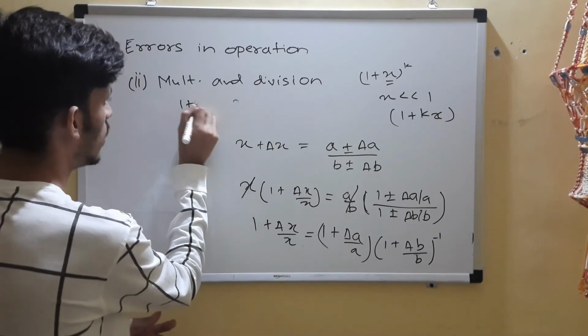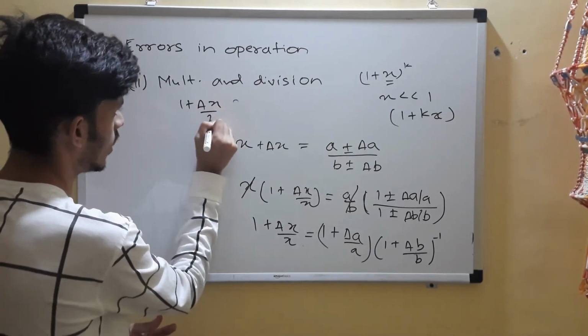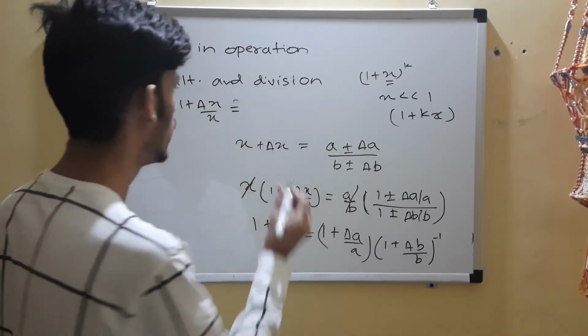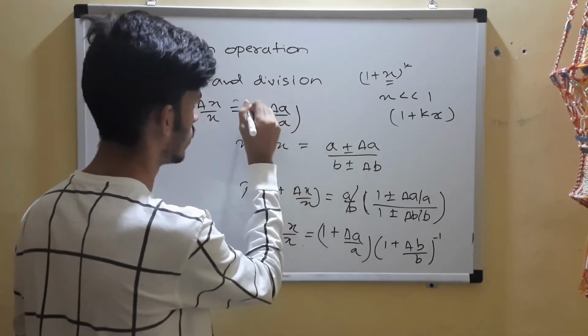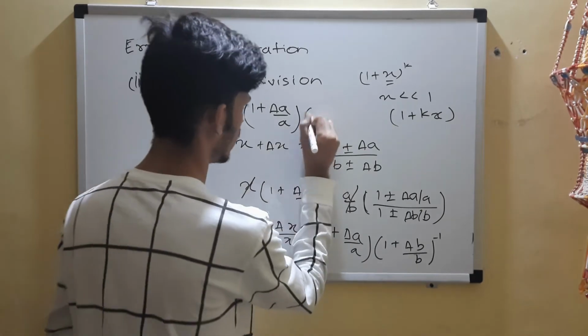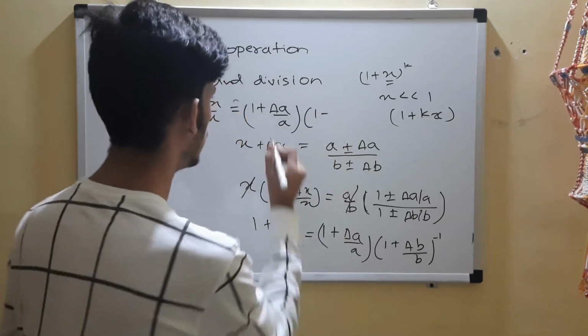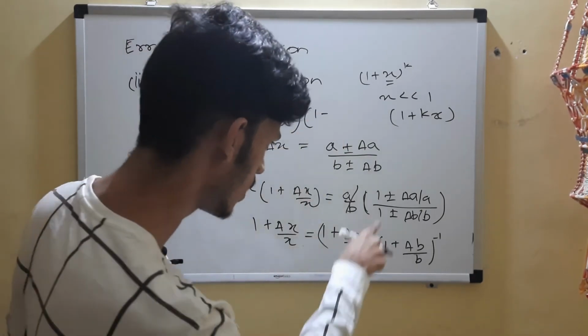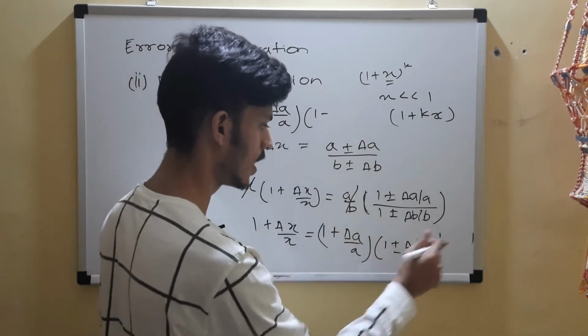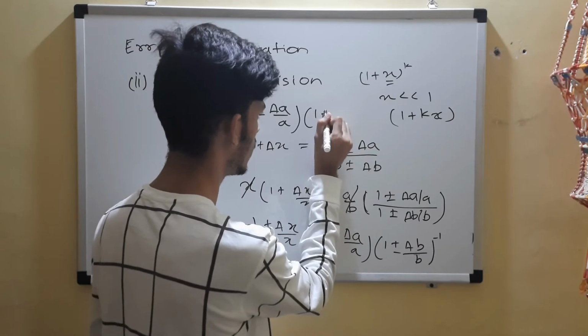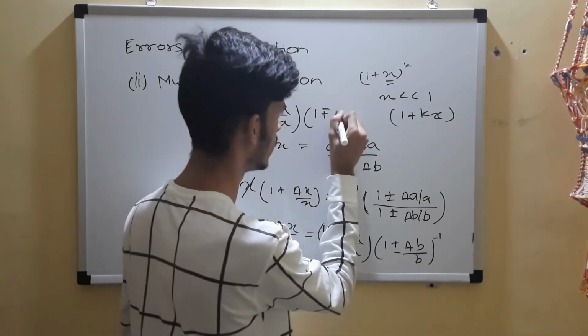So 1 plus delta x by x. Now this is maths, but we are just proving it. 1 minus, this was plus minus, here also it's plus minus. So when you get that minus 1 over here, signs change, it becomes minus plus.